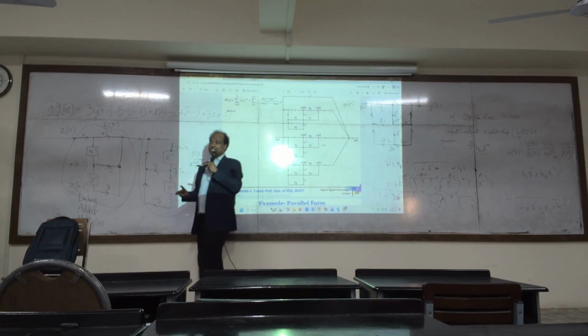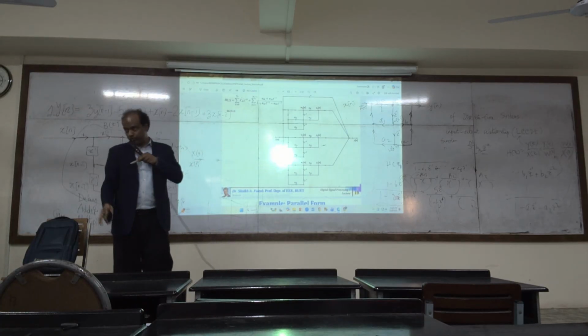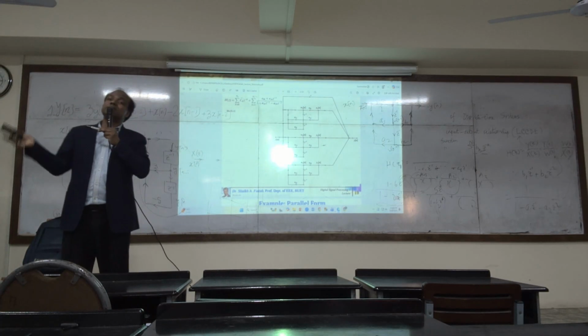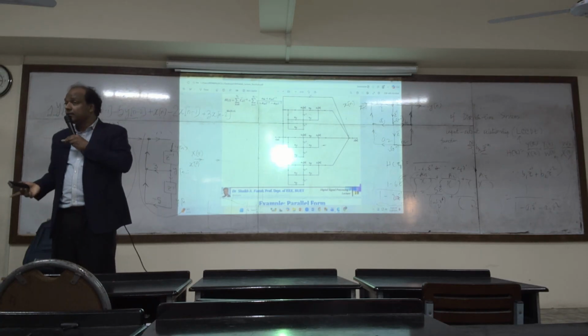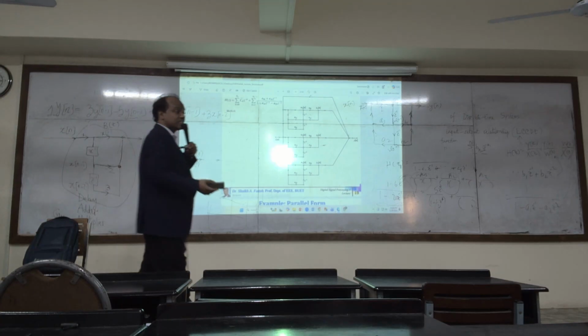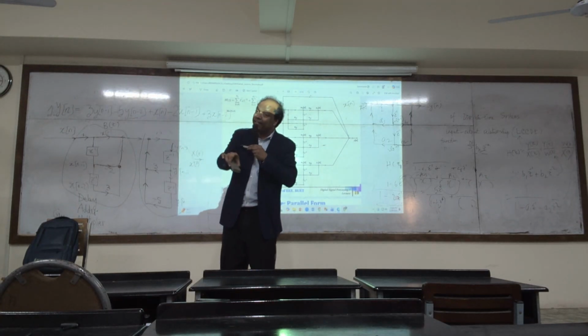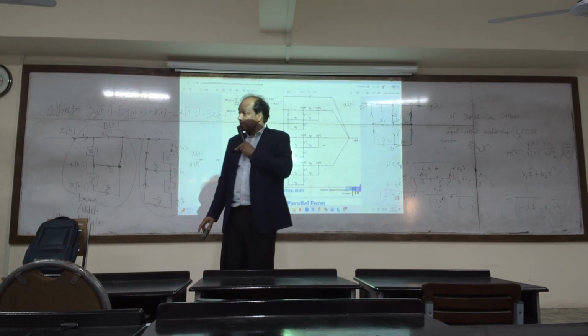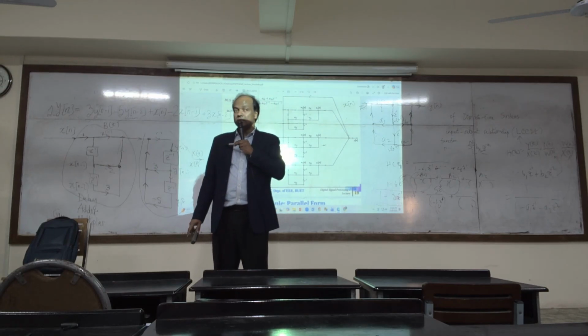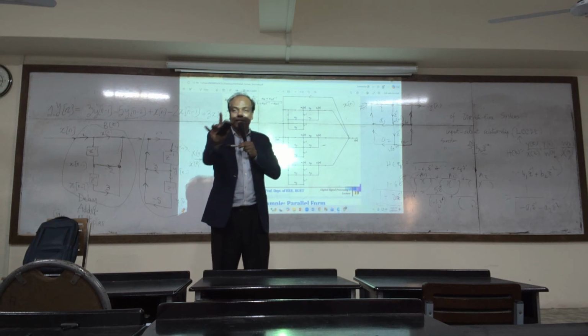The question is, you have direct form. Now you understand cascade, then parallel. Which one has what type of disadvantage and advantage? That is the question. Let's give some hints.